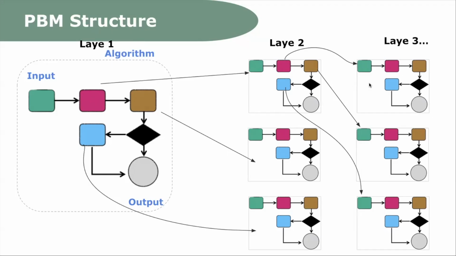I mean, they may have third layers, fourth layers, just like a family tree. That's why the process model structure can be very complex. It can also be very simple. It depends on our targeted process.